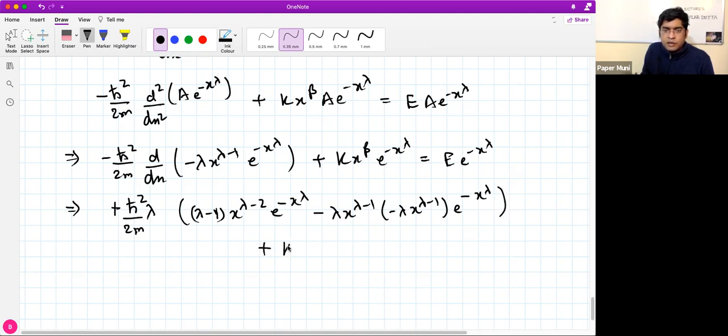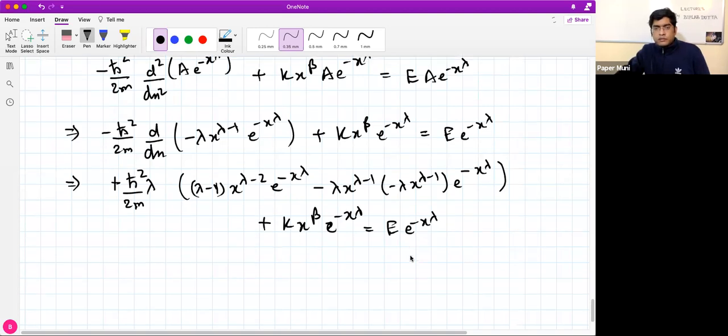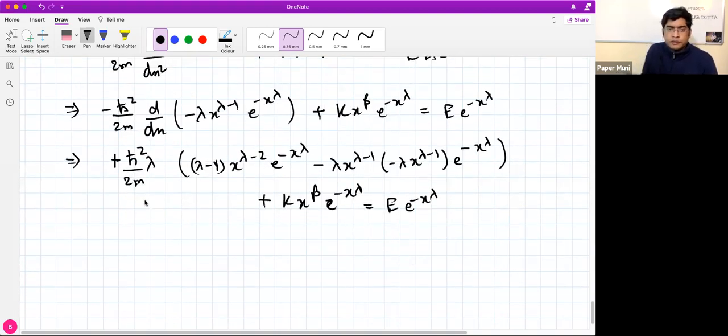Plus k x^β. I hope everybody is getting this result. If you take the e^(-x^λ) term out from everywhere, inside you have λ(λ-1) x^(λ-2).